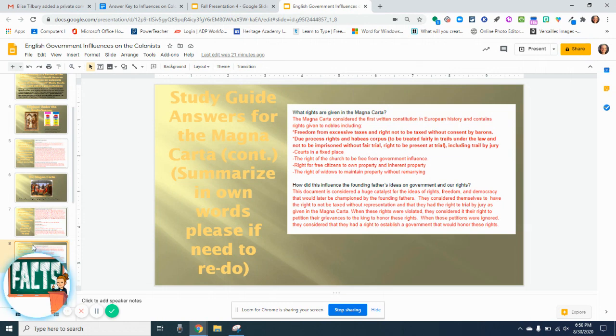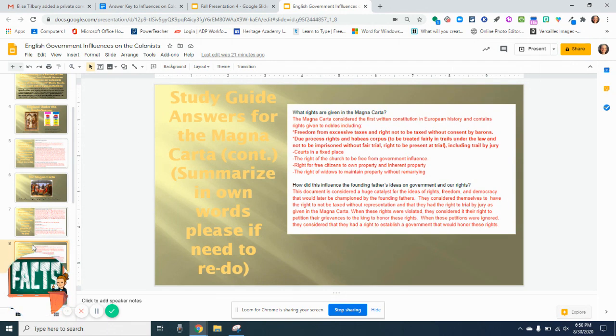So if you know two things about the Magna Carta, make sure you know that it established the right to not be taxed without consent and the right to trial by jury and other due process rights, other fair trial rights. But some other things, it established that the courts had to be in a fixed place.